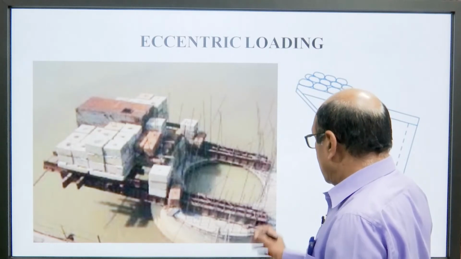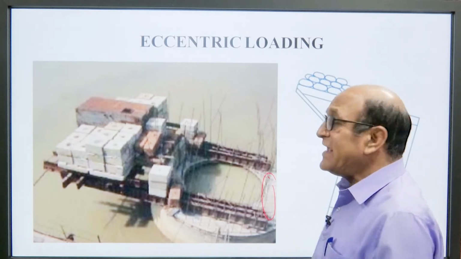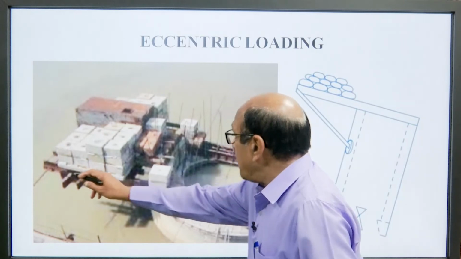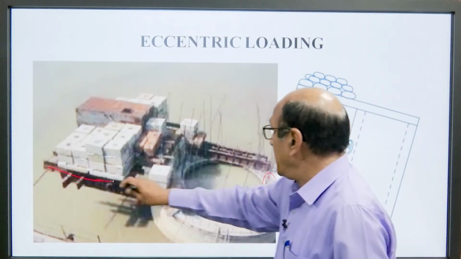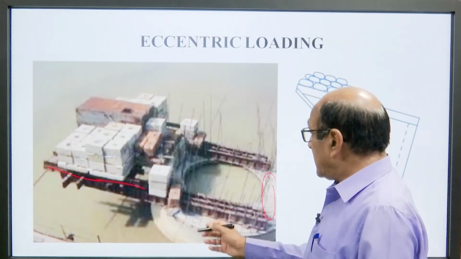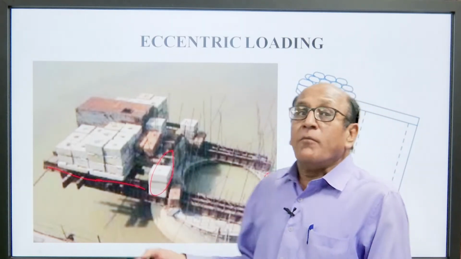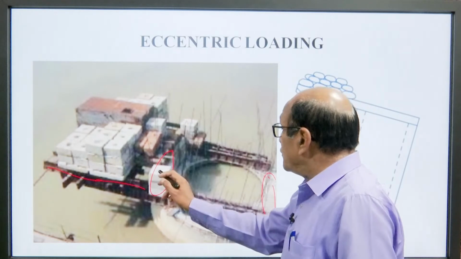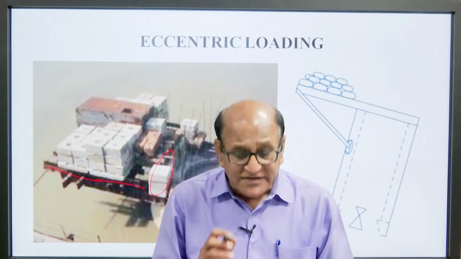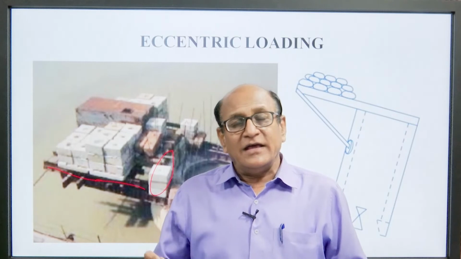We can see here this is our well, and on this side the well is slightly inclined. So, we make a platform here and load is placed over here eccentrically, so that this steining portion will experience more load than this one, and so this will go deeper easily. So, this is the eccentric loading required when one side of the steining is inclined.